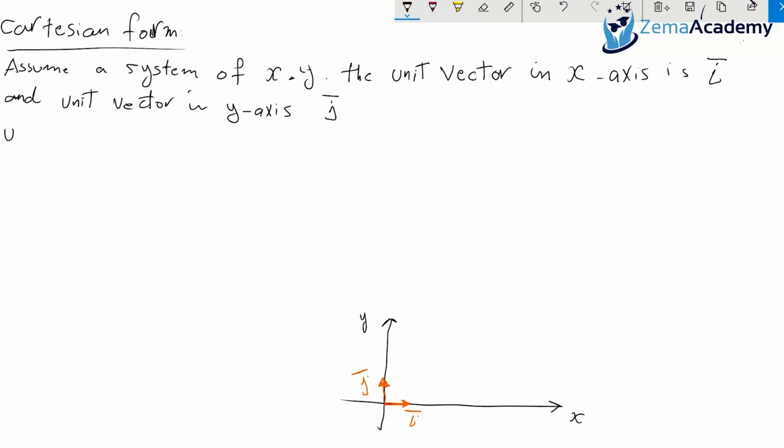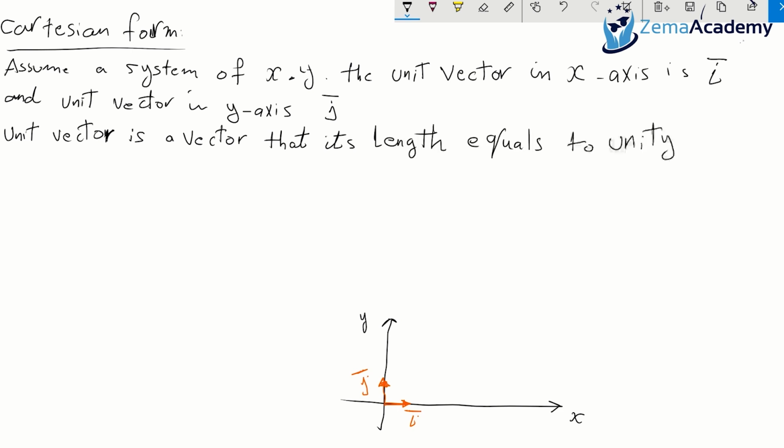A unit vector is a vector whose length equals unity. Which means that the modulus, magnitude, or length of I equals the modulus, magnitude, or length of J, which equals 1.